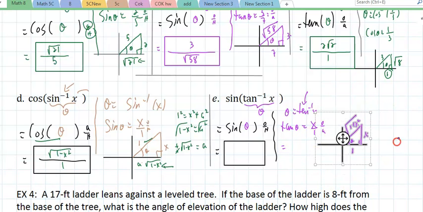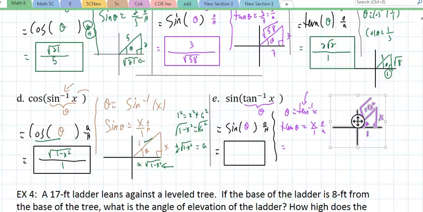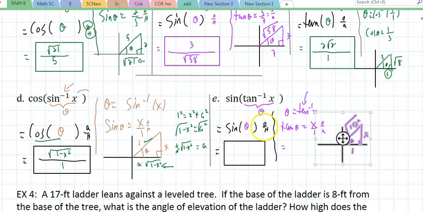I need the opposite over the hypotenuse. The opposite is x, and the hypotenuse is the square root of 1 plus x squared.